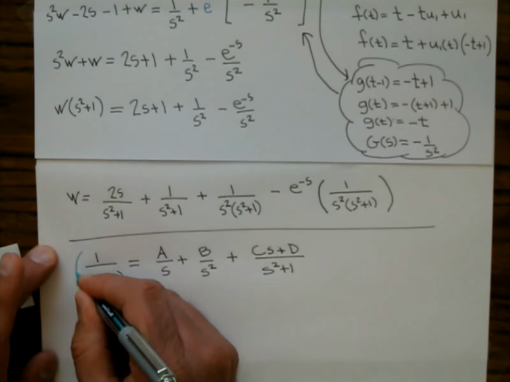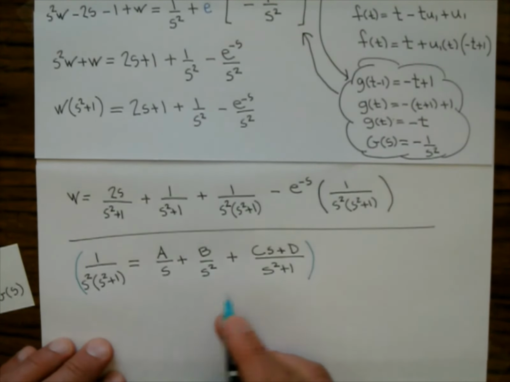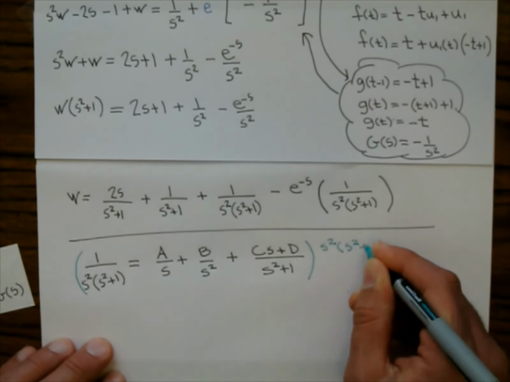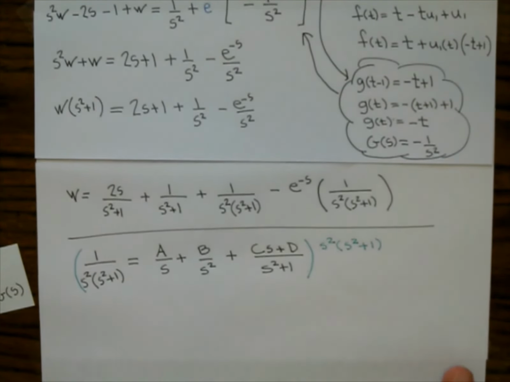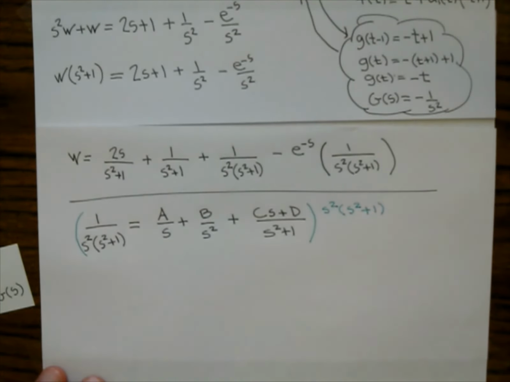I'm going to multiply this equation by the LCD. The LCD in this case is s squared times s squared plus 1. Let's go ahead and do that. This is kind of a long problem.